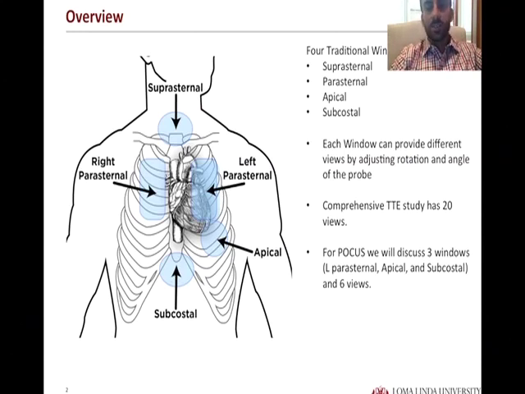Of those, the left parasternal, apical, and subxiphoid or subcostal windows are the ones we primarily use for the majority of adult cardiac ultrasound. There are comprehensive TTE examinations that include over 20 different views of the heart, but for this course's purposes, we will be focusing on the three windows I just mentioned: left parasternal, apical, and subcostal, with a total of 6 views from those 3 windows.